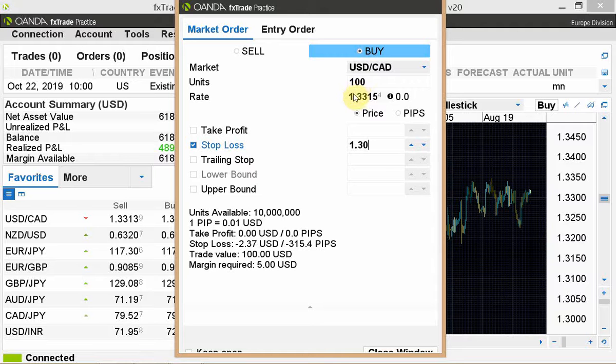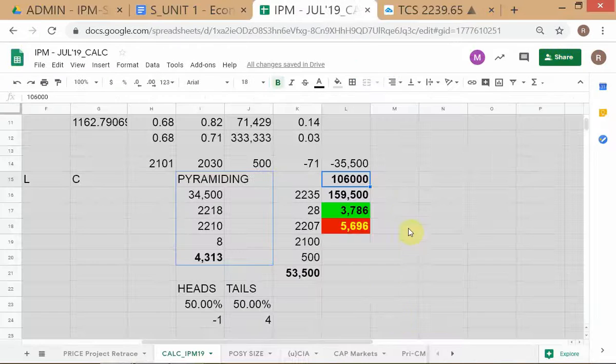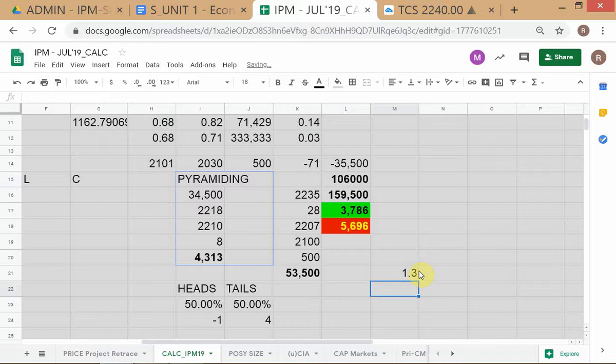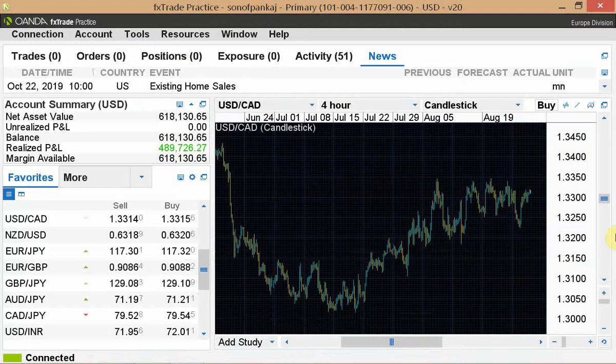What will happen when you buy dollar Canada at 1.3315 and you stop at 1.3? Let's do this calculation. 1.3 is your exit, and 1.3315 is your entry. These are your dollar Canada exchange rates. In dollar Canada, what is the terms asset? Canadian dollar is the terms asset, because in the currency markets, by convention, we always show the dollar, the base asset, first.